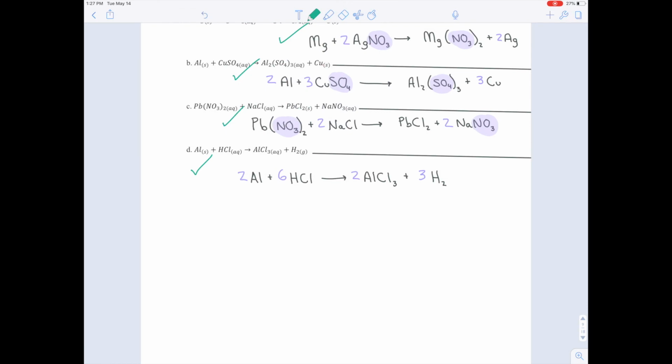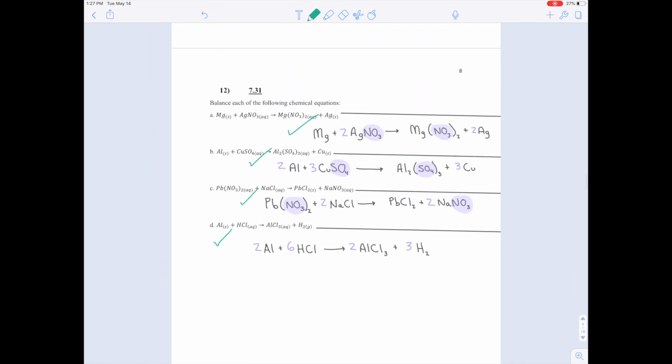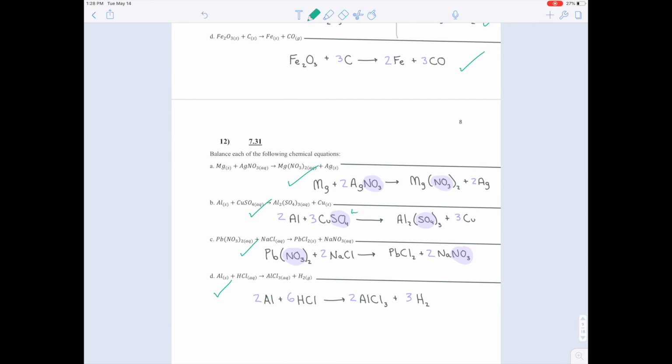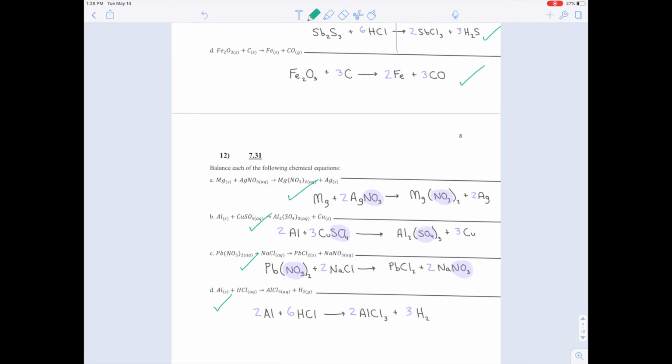So the one tricky thing there was to remember that if you have 2 numbers that don't go into each other, you multiply them each by each other. So in general, this is how you can balance equations. There are a few tips and tricks, like we noticed with the polyatomic ions, where you treat them like individual blobs, or balancing something by itself last.